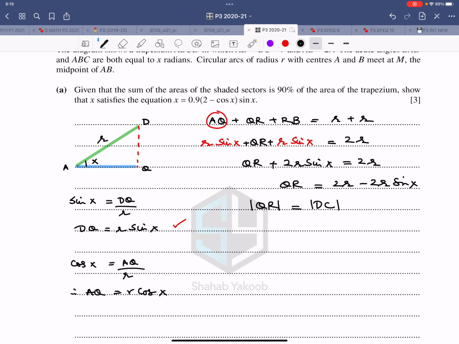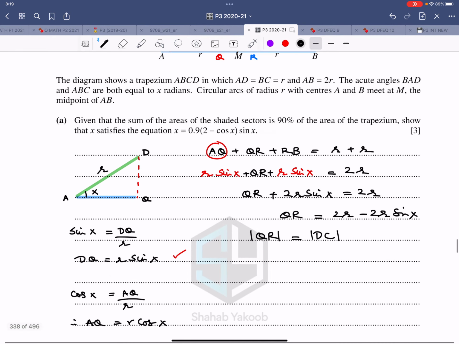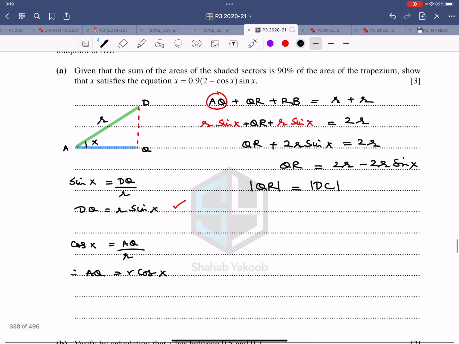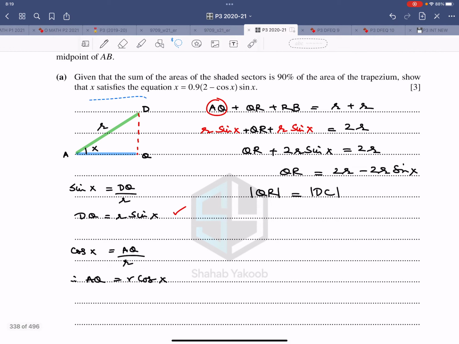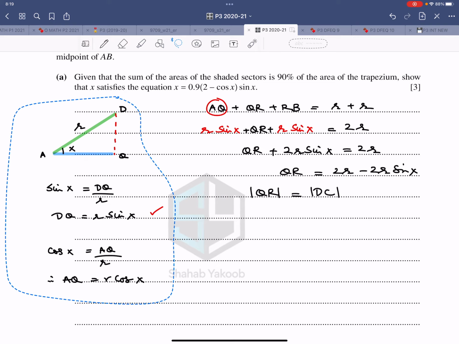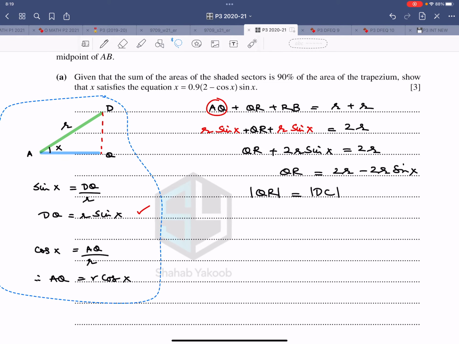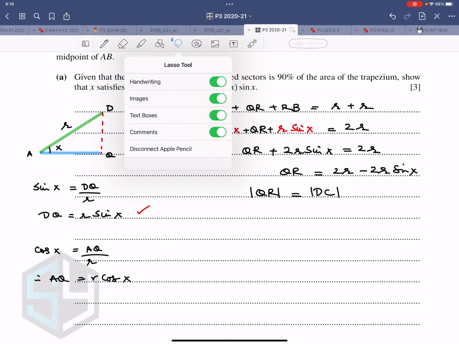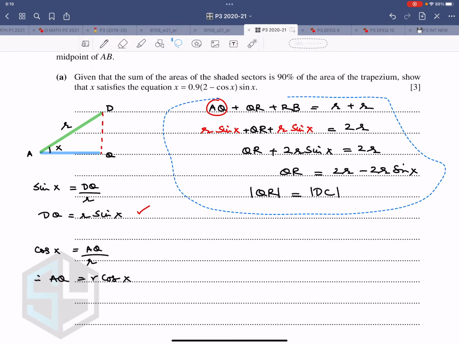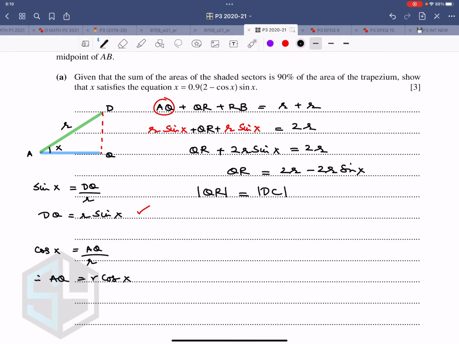What else is there? It says area of trapezium, area of sector. So now I have, let me just create some more space, and that is what you have to think in the exam, that you should create more space beforehand. So this is something like this, and let me remove this thing on this corner. Now what else is there? I can find the area of trapezium.